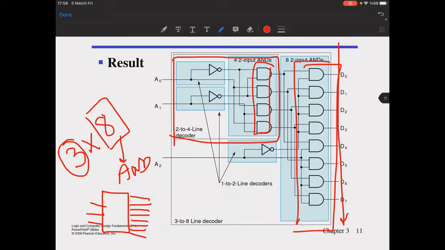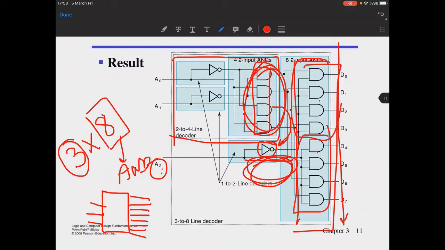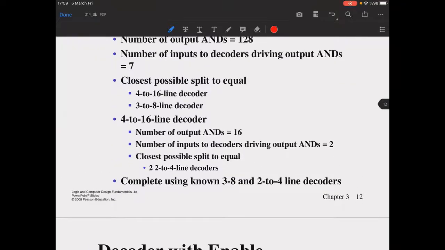So you have these ones, and they will be connected with the inverted input of A2 in 4 of them, and these will be combined with the normal A2 directly as well, and that will give you another 4. That's the idea with the decoder expansion. Roughly, you can implement any type of expansion in this manner.